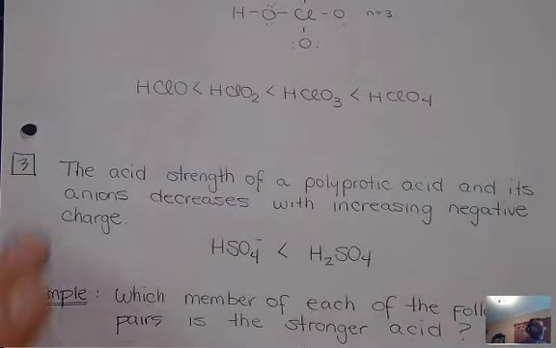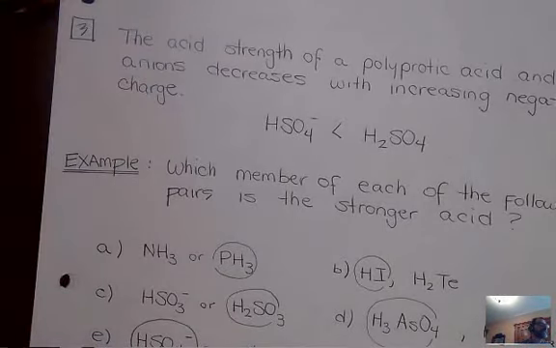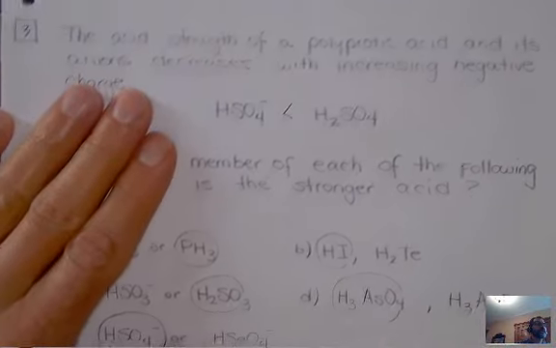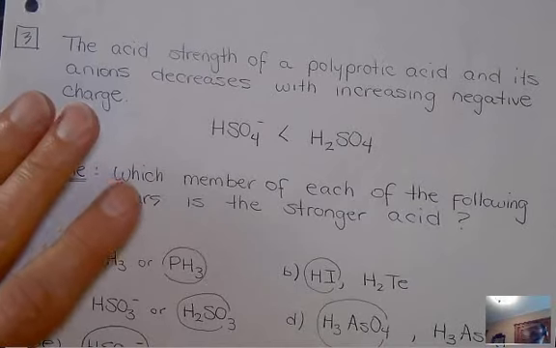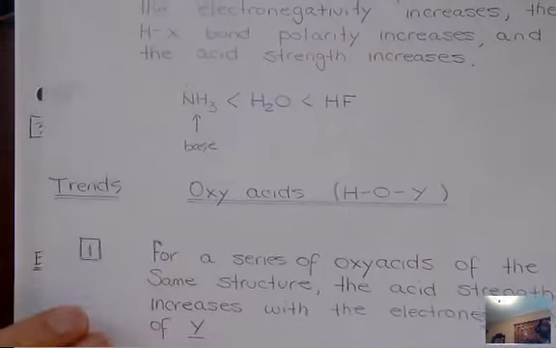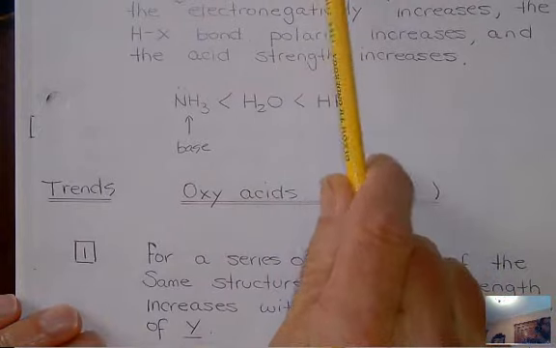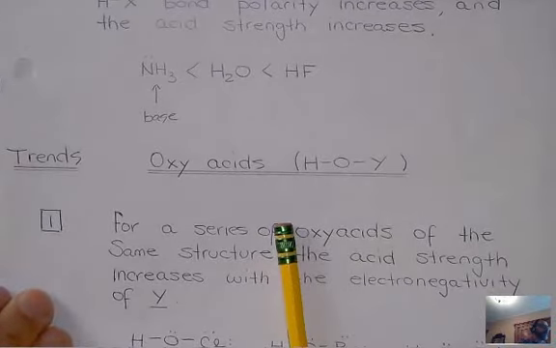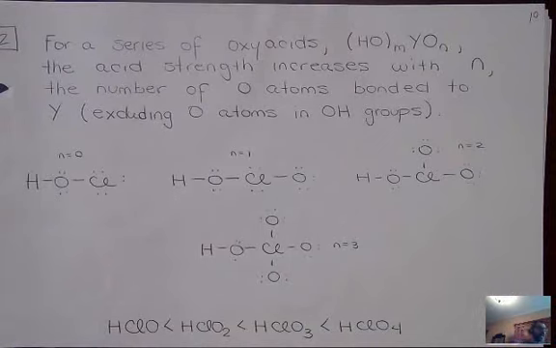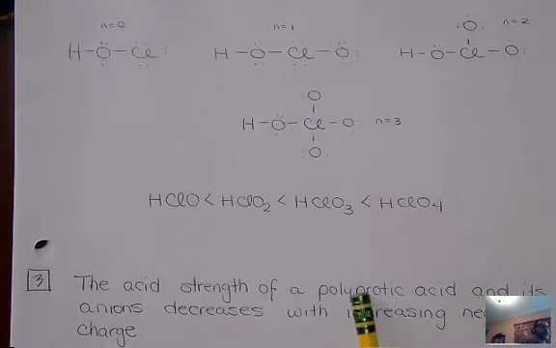Okay. So let's take a look. Now, this example, this is at the bottom of page 10. This could be in a multiple choice question, right? You're going to have to put together all of the different rules that we just learned. So back to the trends about the binary acids on page 9, the oxyacids at the bottom of page 9 and the top of page 10.